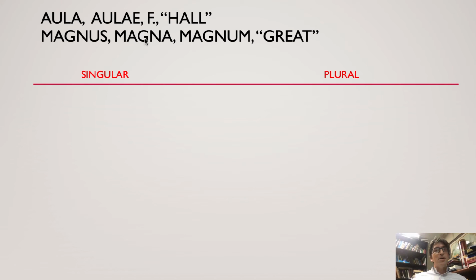And for an adjective like magnus, magna, magnum, that's saying, hey, choose this column of endings, magna, and just go down and add first declension endings to it. First declension endings for adjectives are always feminine. Not necessarily the case for nouns, but for adjectives, always feminine.